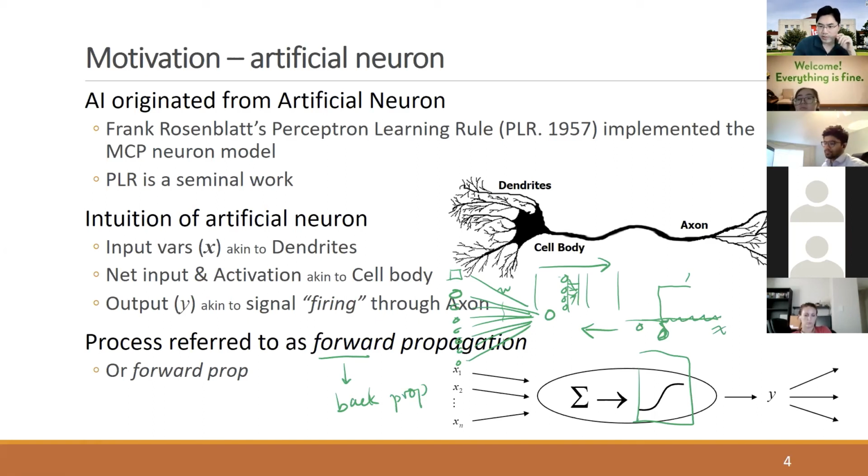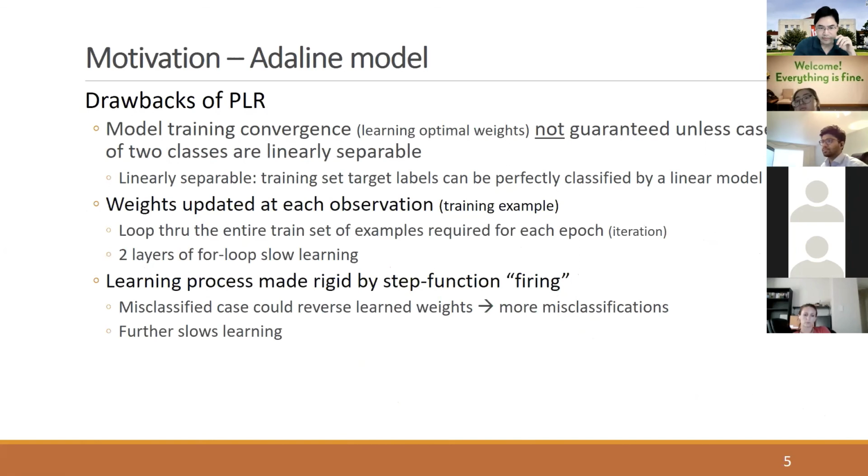And as much as it reflects how neurons work in animals and human thinking, it has a critical drawback in the very beginning of that model. The drawback is mostly because of that threshold step function.